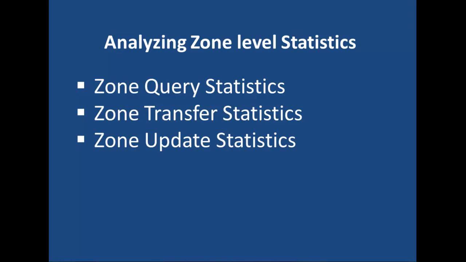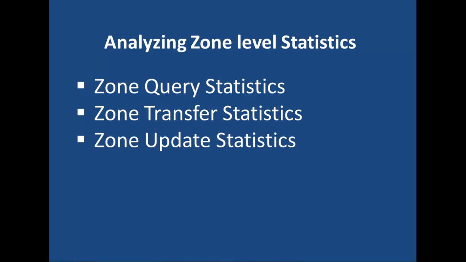Hello, everyone. In our session today, we want to take a look at DNS zone level statistics and how we are able as administrators to analyze DNS data. We have three types of statistics that we want to look at: zone query statistics, zone transfer statistics, and zone update statistics.